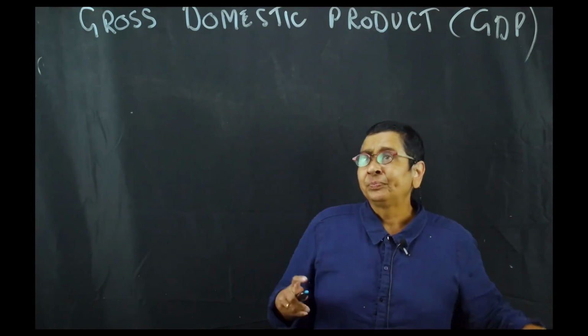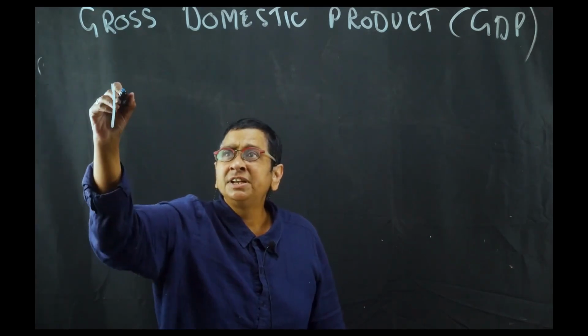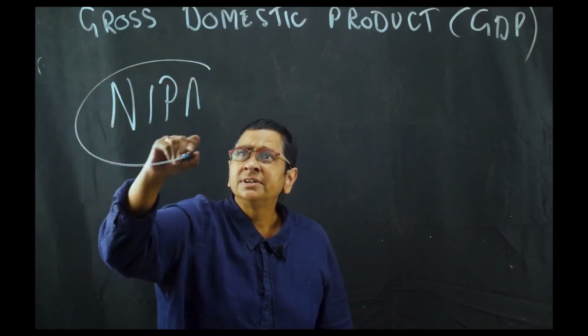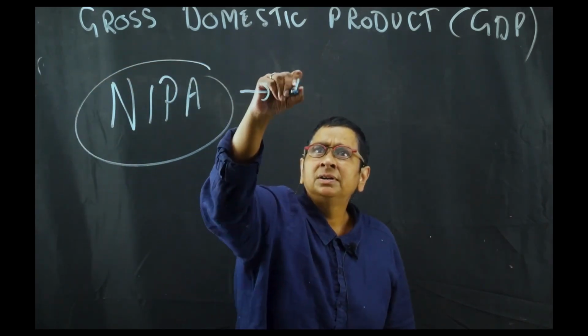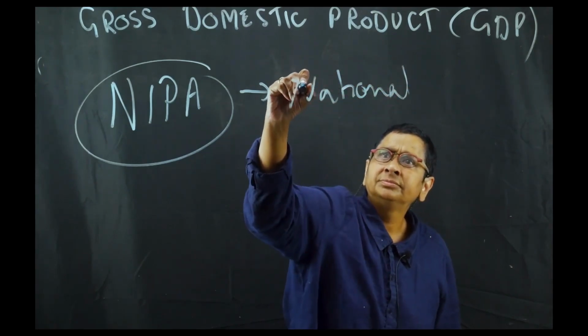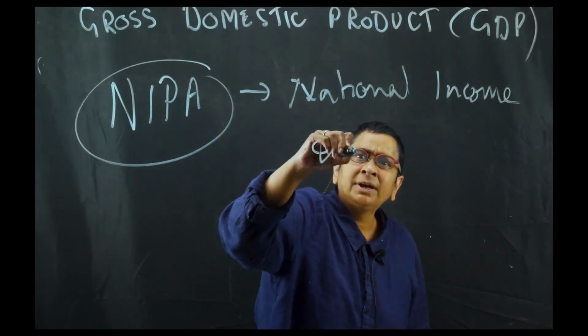In the United States, historically, the GDP has been an anchor for the NIPA, which is the National Income and Product Accounts.